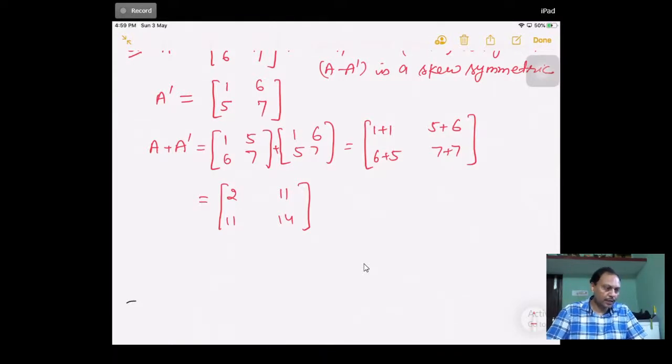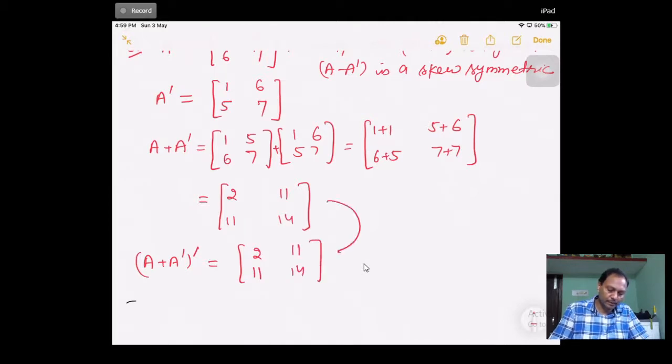Now you can observe that this matrix is symmetric, because if we obtain the transpose of this matrix, then we get the same matrix. So here you can see that the transpose of A plus A prime is equal to A plus A prime. It means the sum of a matrix with its transpose is always a symmetric matrix.